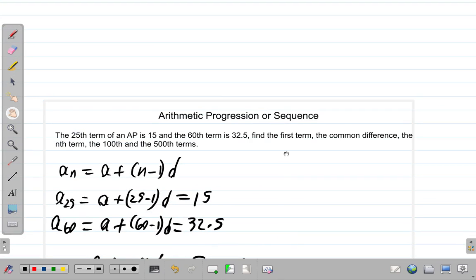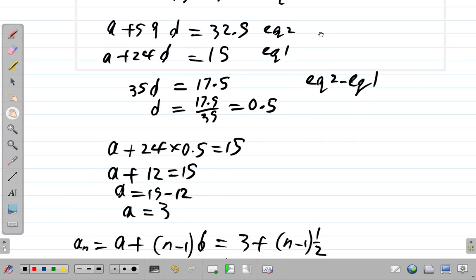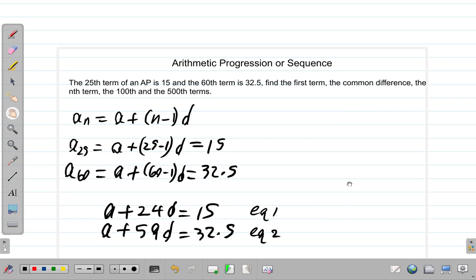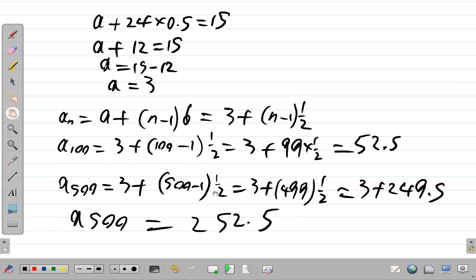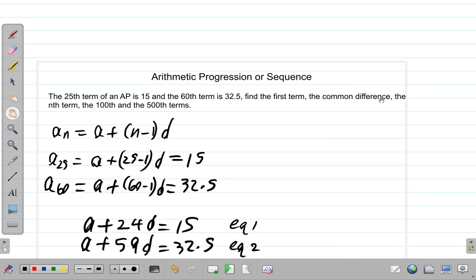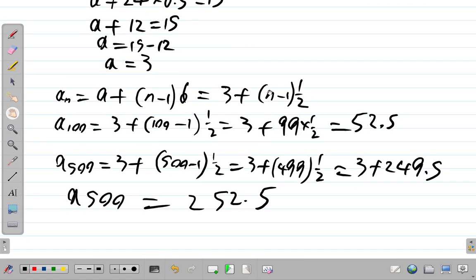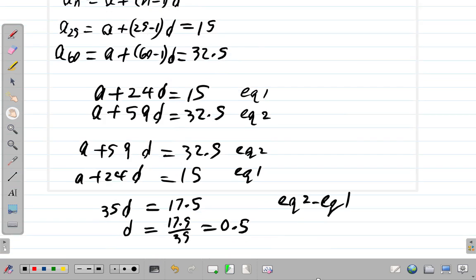Alright, so here you have it. We have the first term, A is 3, the common difference, D, is 0.5. The nth term is 3 plus n minus 1 times half.